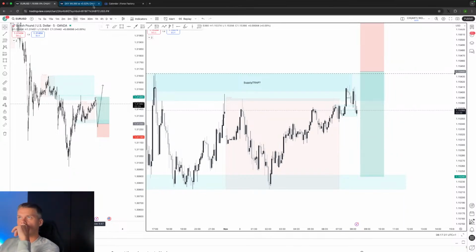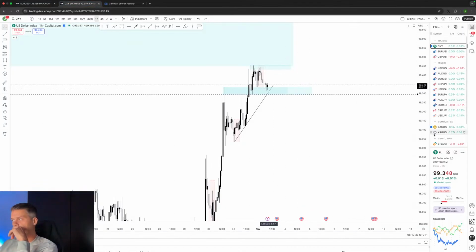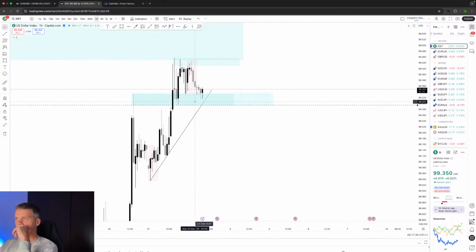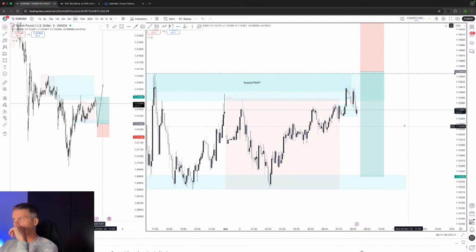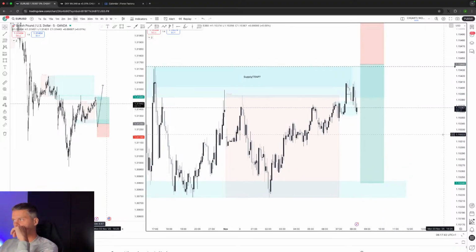What's the DXY doing? Let's have a short look. Yeah, it's in. I do have the feeling that it's inducing buyers, early buyers. The same that we have seen on EU, where it's inducing early sellers.